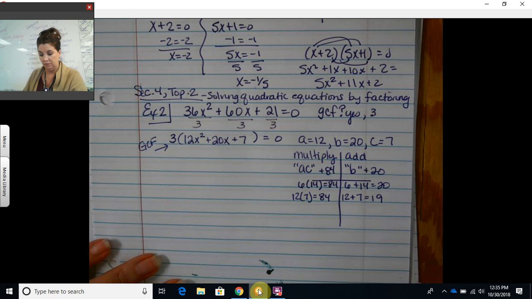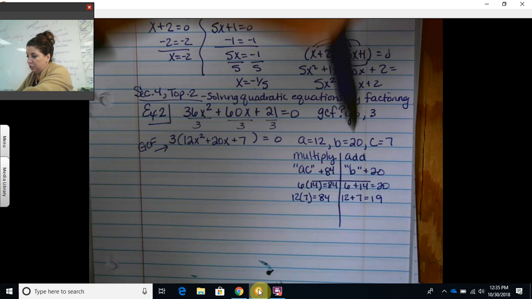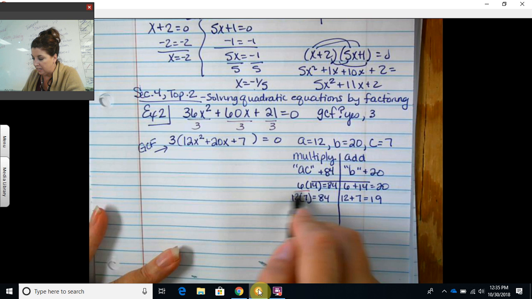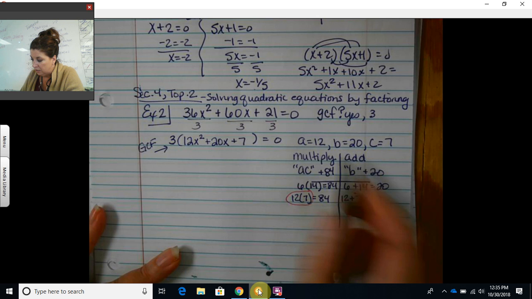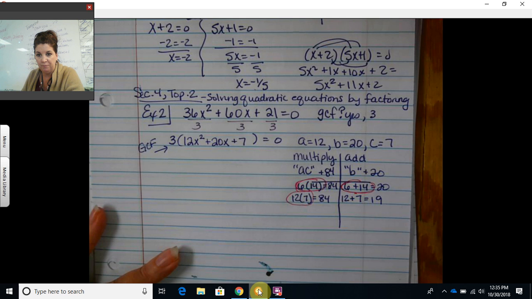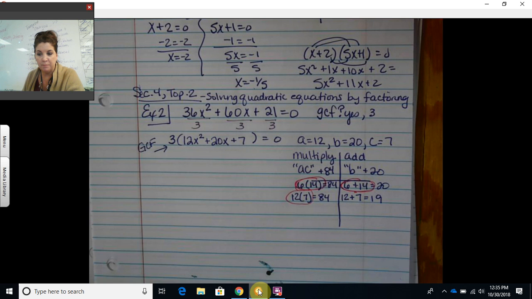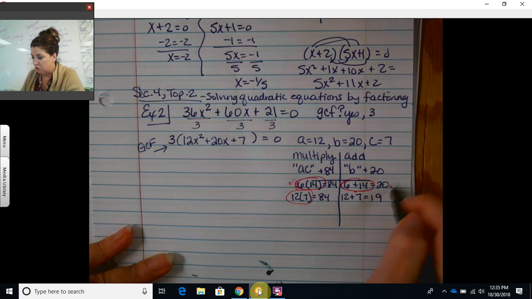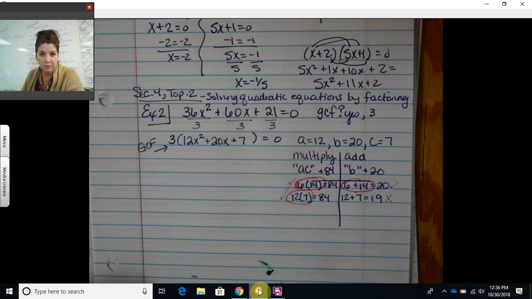No. I can only pick the 2 numbers that make both sides true: the 2 numbers that multiplied together give me 84, and the 2 numbers that added together get 20. Okay? Has to make both sides true. So the 12 and 7 made the left side true, but 12 plus 7 did not make 20 true.